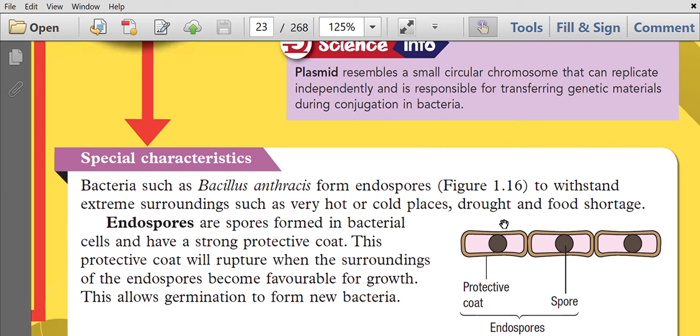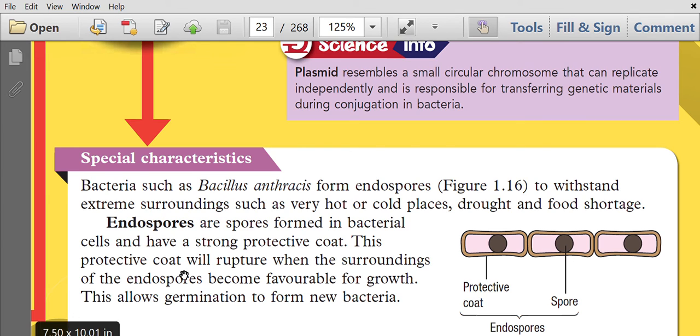Drought ni ialah kemarau, and food shortage. Endospores are spores formed in bacterial cells and have a strong protective coat. Maksud dia, luaran dia sangat kuat lah, ya, kuat terhadap suhu yang panas dan suhu yang sejuk.